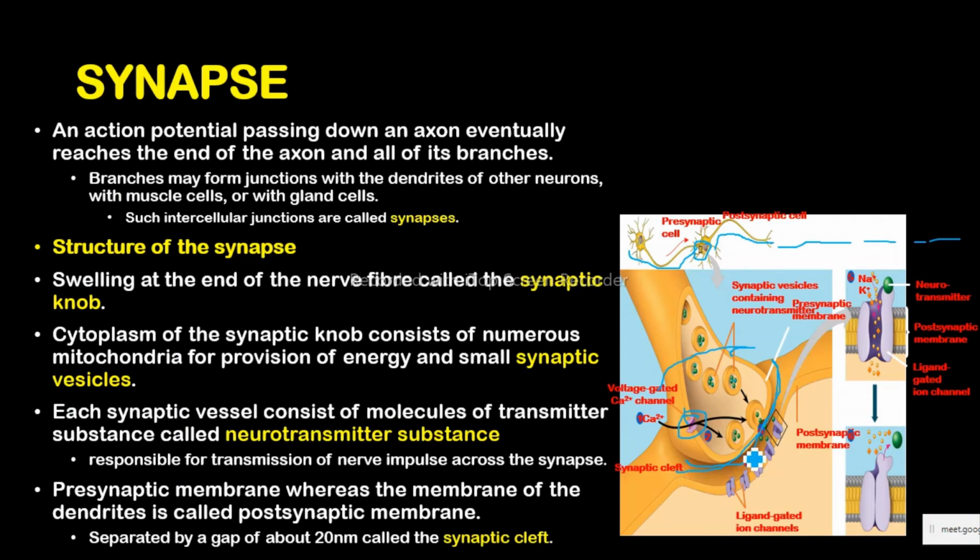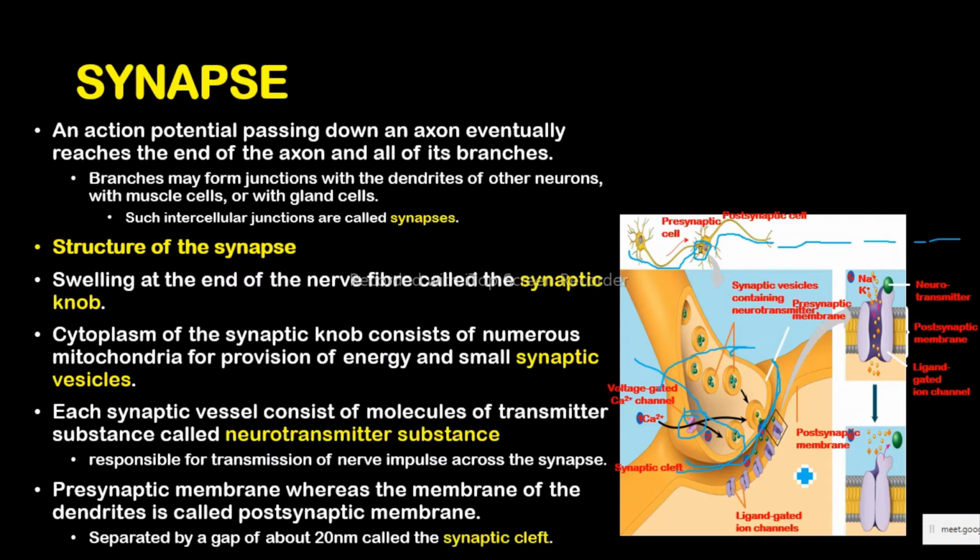Now this membrane here, behind the synaptic cleft, is called the presynaptic membrane. Then this one, just away from the cleft, on the postsynaptic knob, is called the postsynaptic membrane. Within that postsynaptic membrane is where you have the ligand-gated channels.